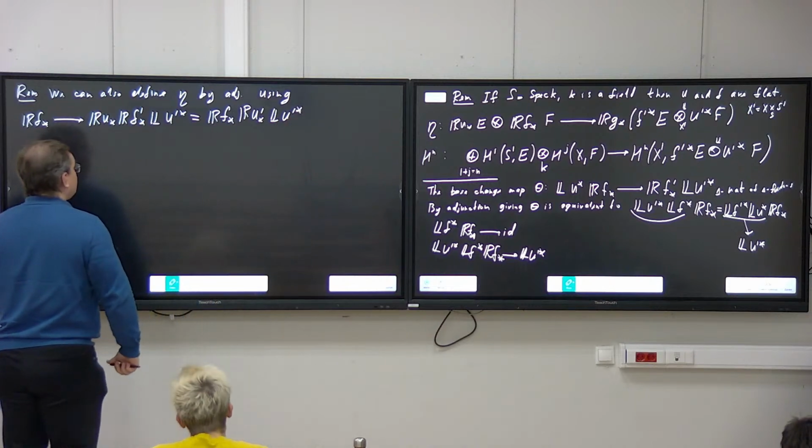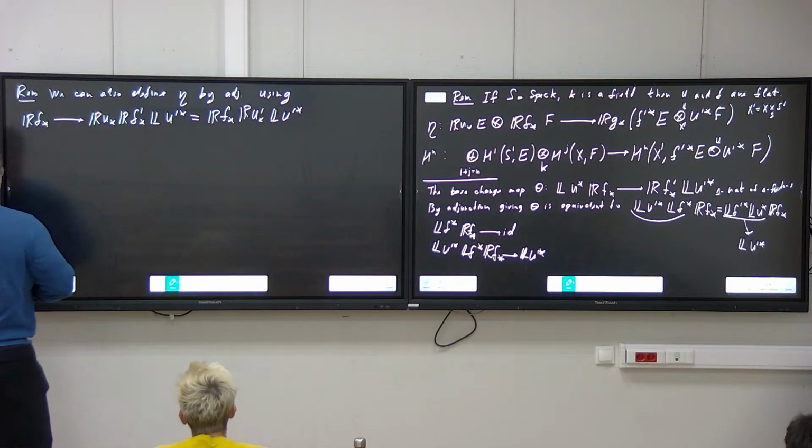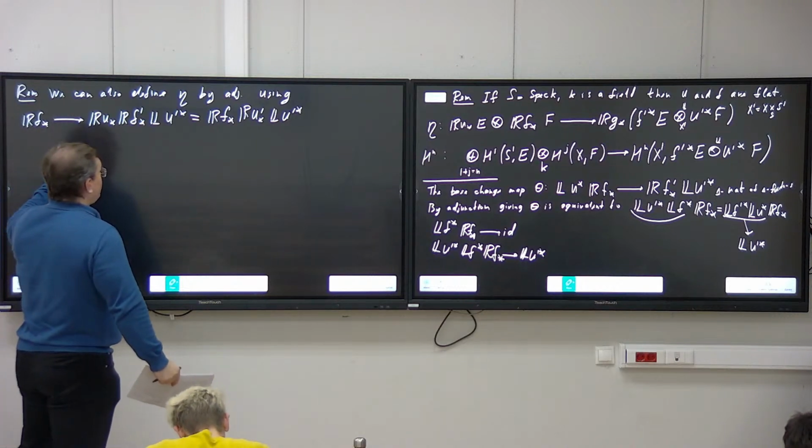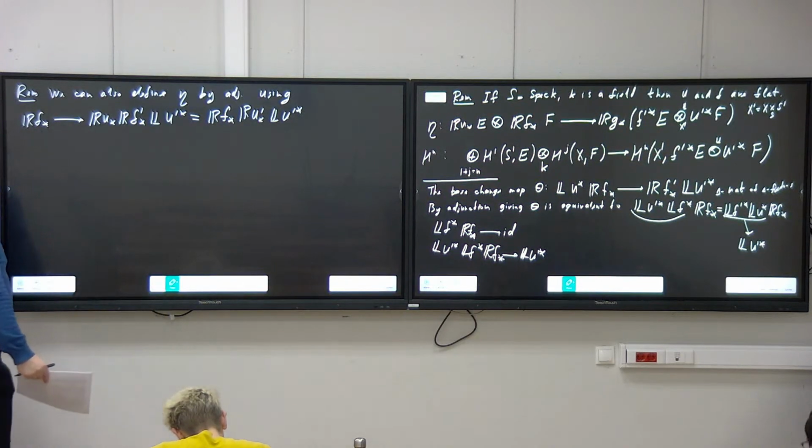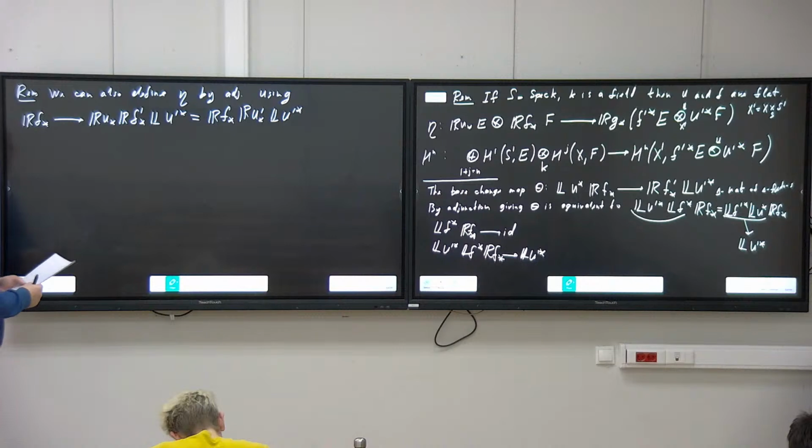So this identity by the same reasons as before, and the map we can get again by taking the unit of the adjunction for these two functors and then recomposing this with the RF lower star.